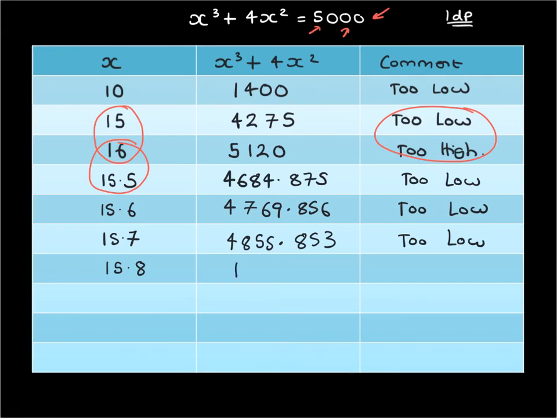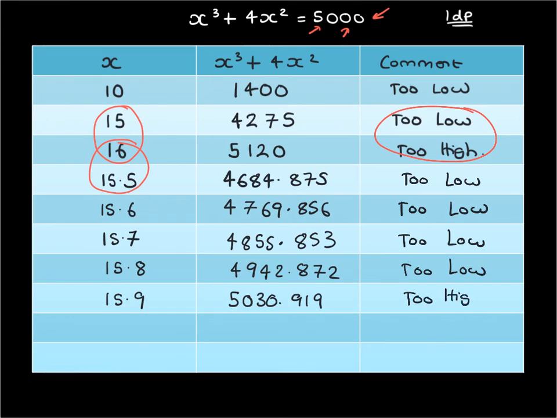That gives us 4,942.872. Still a little bit too low, so 15.9 is our next option, and that gives us 5,030.919, so just a little bit too high.